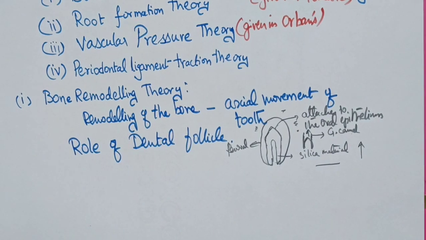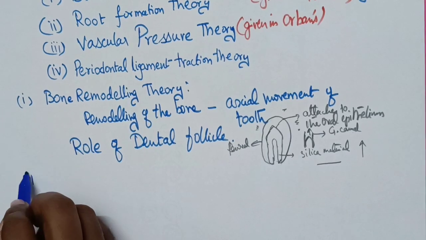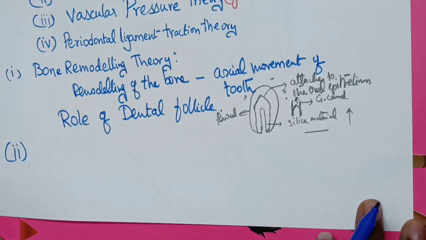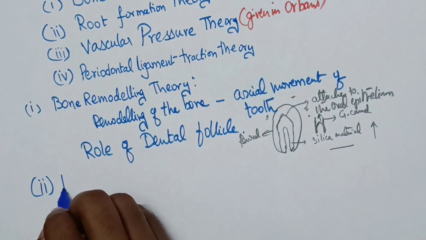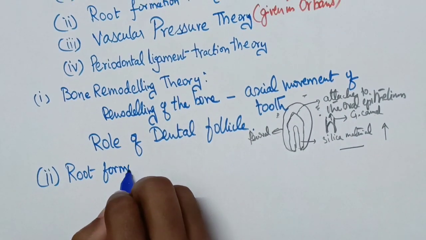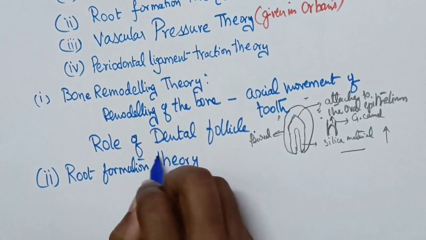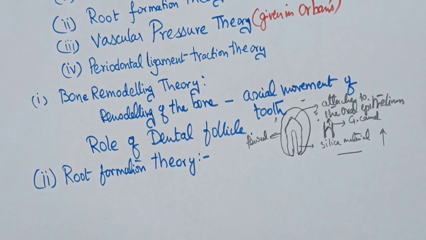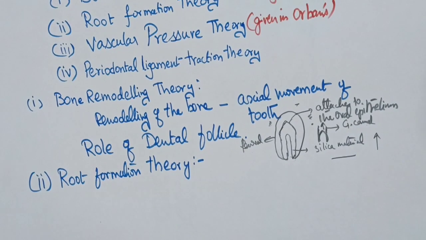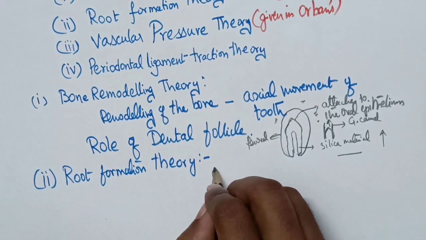Next theory is root formation theory. What they told in the root formation theory is that root formation is essential for tooth eruption to take place. Assume this is a canine tooth.